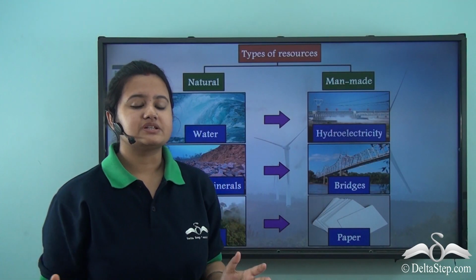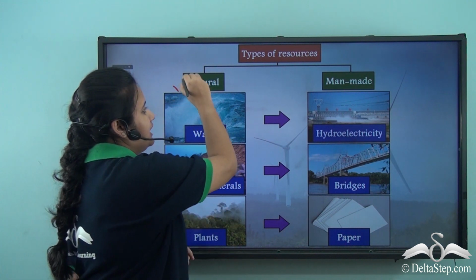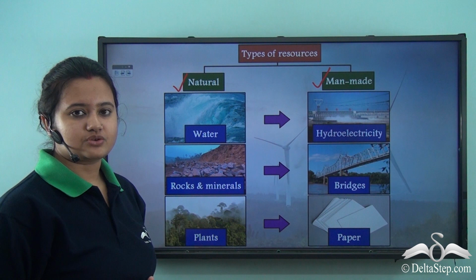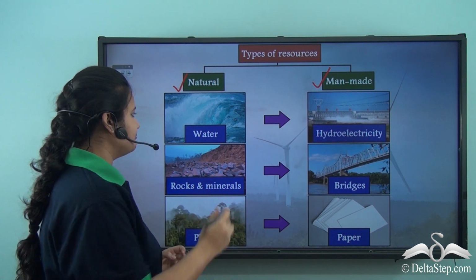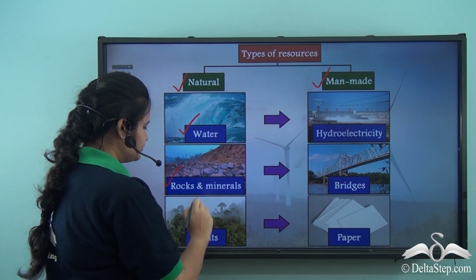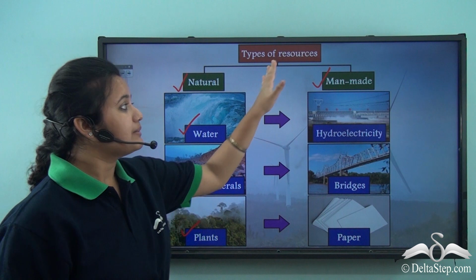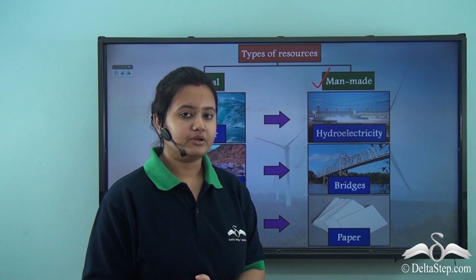Thus, resources can be classified into two categories: natural and man-made or artificial. Natural resources are found naturally on the earth. For example, water, rocks and minerals, plants, sunlight, air, etc. Whereas man-made resources are created artificially by human beings.